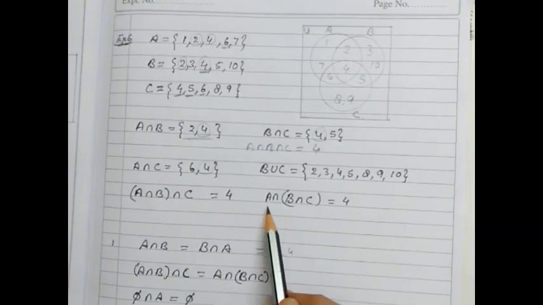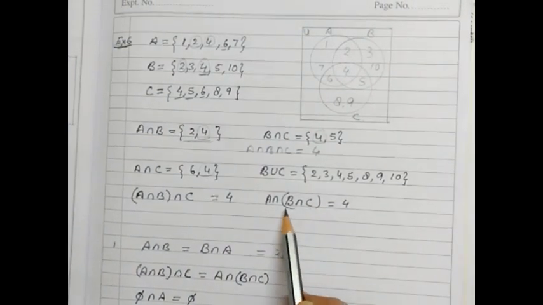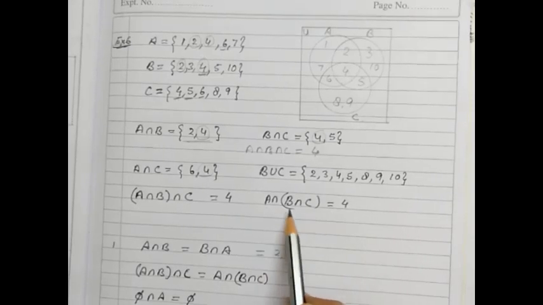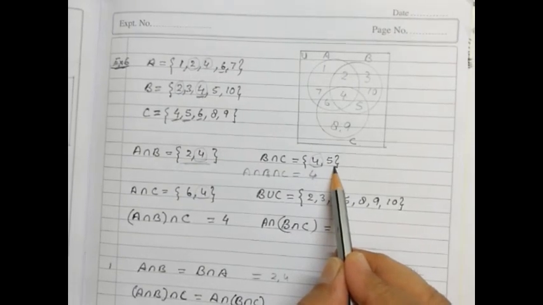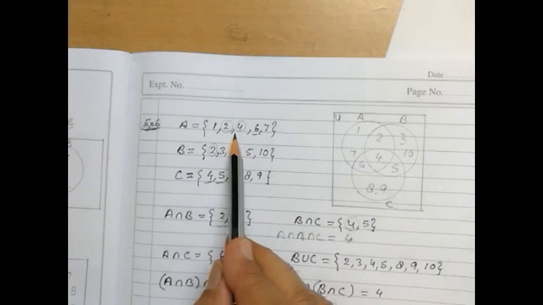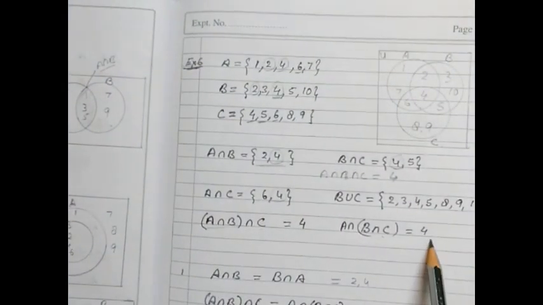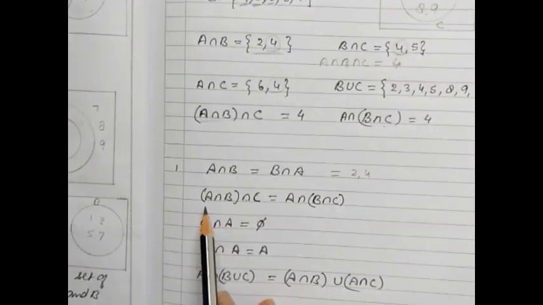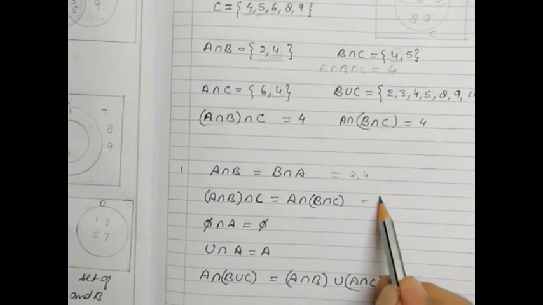And when we are talking about A intersection B intersection C, and again intersection of B intersection C, in B intersection C we were having 4 and 5 common. Okay, and when we are comparing with the A, what are we having? We are having 4 here only. In common with this, the 4 is here, so we can say these two properties are also same. This is what we have written here. If you see it carefully, we are getting 4.